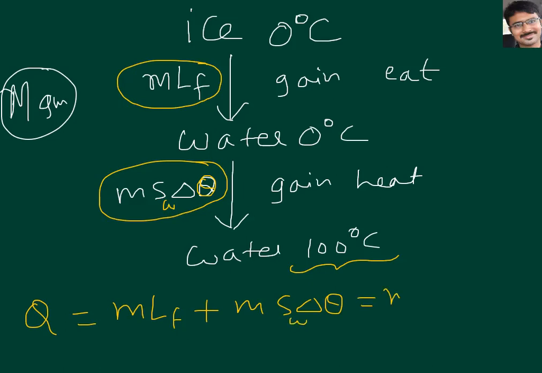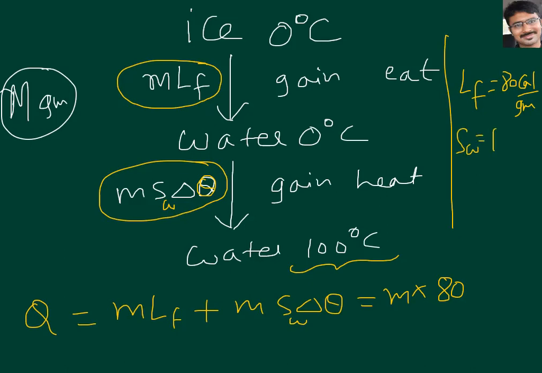What is Lf? The latent heat of fusion of ice is 80 calorie per gram. You have to remember these values. And the specific heat of water is 1 calorie per gram degree centigrade.